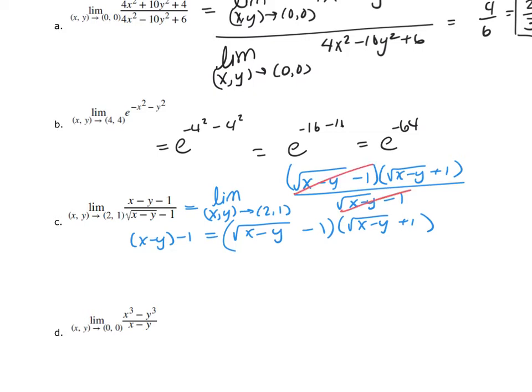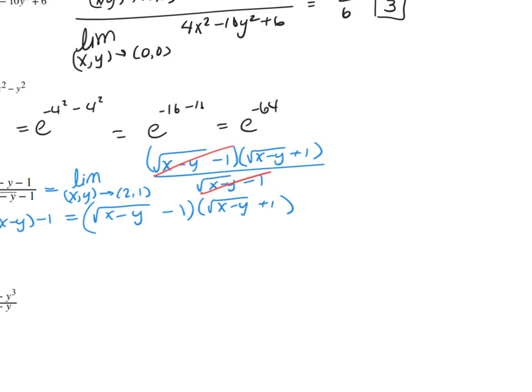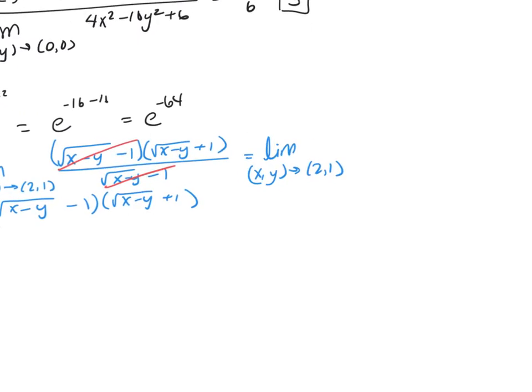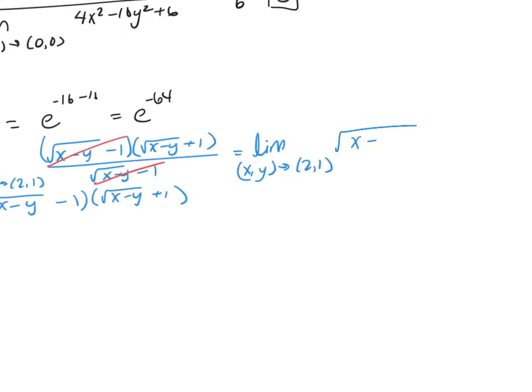With that nice cancellation, we can do a direct substitution. We are now at the limit as (x, y) approaches (2, 1) of the square root of x minus y, plus 1, which gives me, with a direct substitution, the square root of 2 minus 1, plus 1, which gives me an answer of just 2.